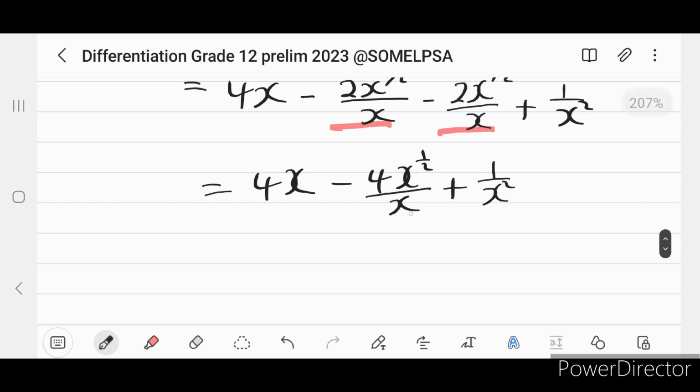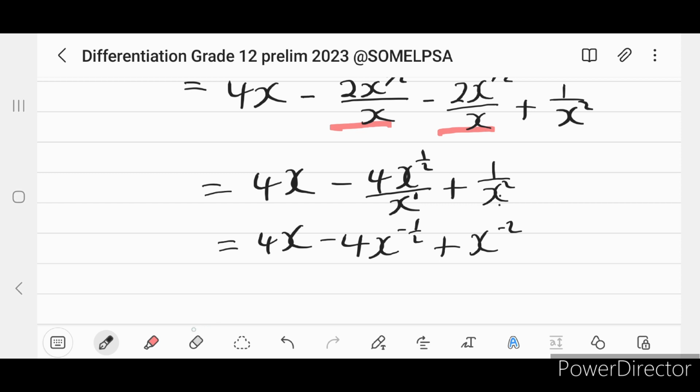Therefore, I have a problem here and here because the variables are denominators, so they are dividing each other. So it's going to be minus 4, and the power is a half minus 1, which is minus half. So plus this going up is x to the power of minus 2.